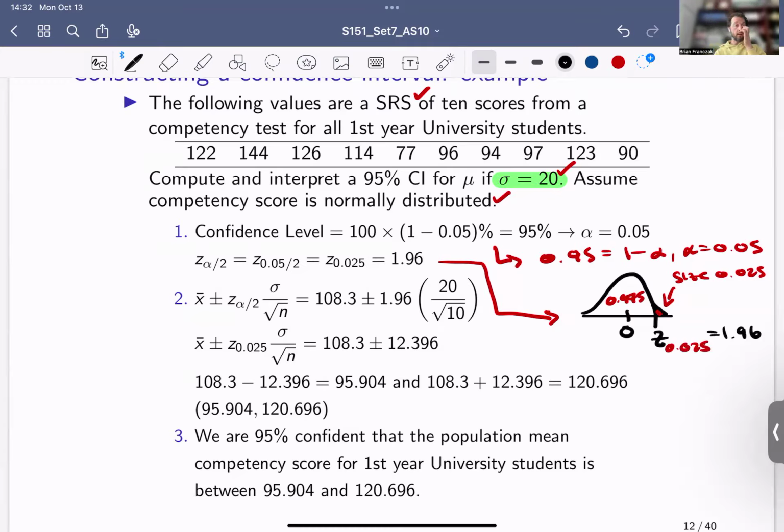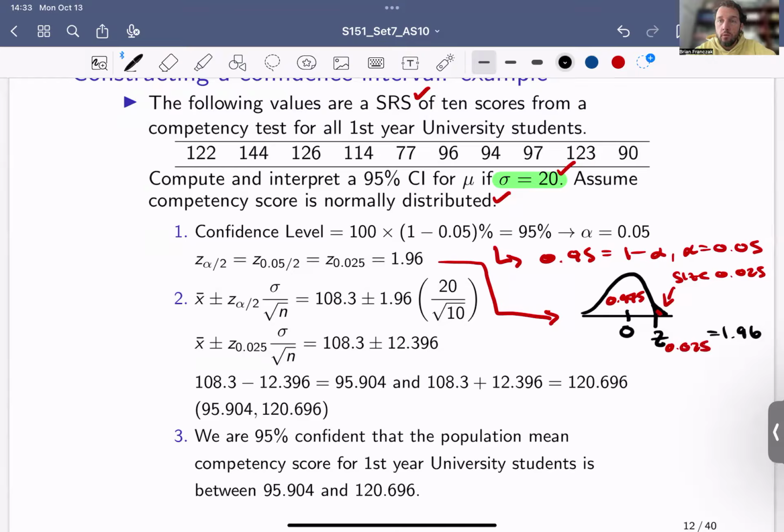So the process of computing the interval is not terribly difficult. We have three assumptions that we want to check: that a simple random sample was collected, that X bar is normal, and that can be because the population variable is normal or because we have a big enough sample size that the CLT can be used. And then we want to check if sigma is known.